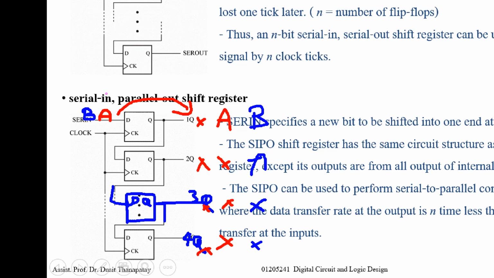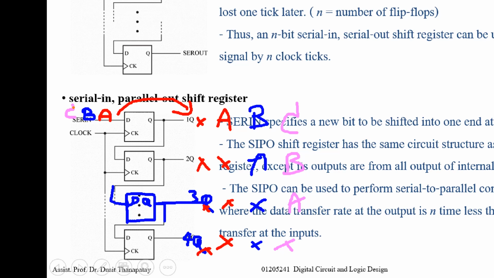And at the next clock tick, the input is C. So now this one is unspecified, this input is A, this input is B. When the clock ticks, every flip-flop updates its value from its input, right? So it becomes unspecified, A here, B here, and C here.